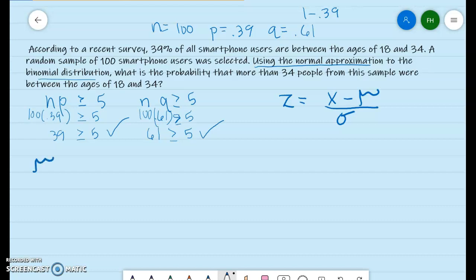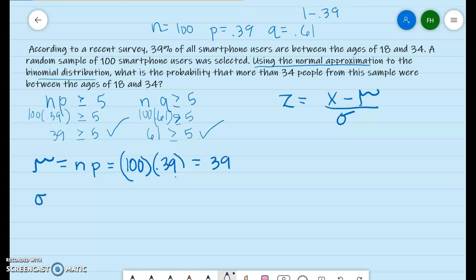So if you remember, for a binomial distribution, the formula for the mean is N times P, which would be 100 times 0.39. So the mean is 39.0 or 39.